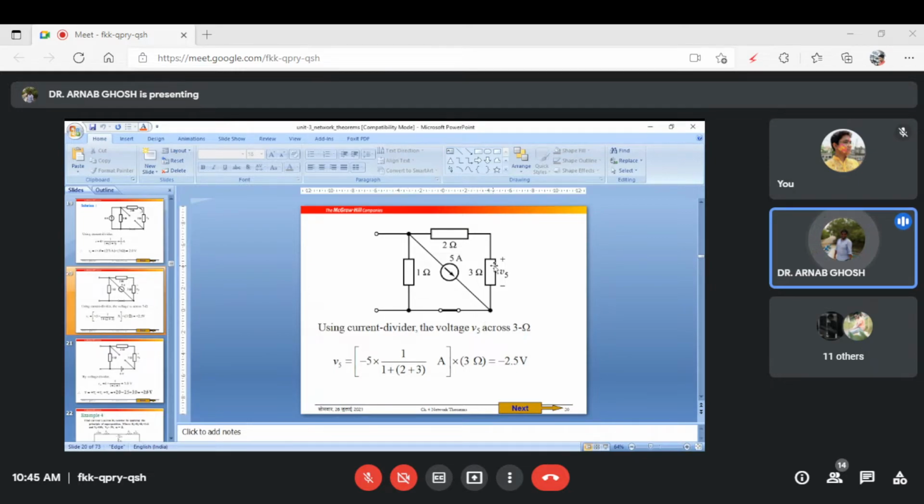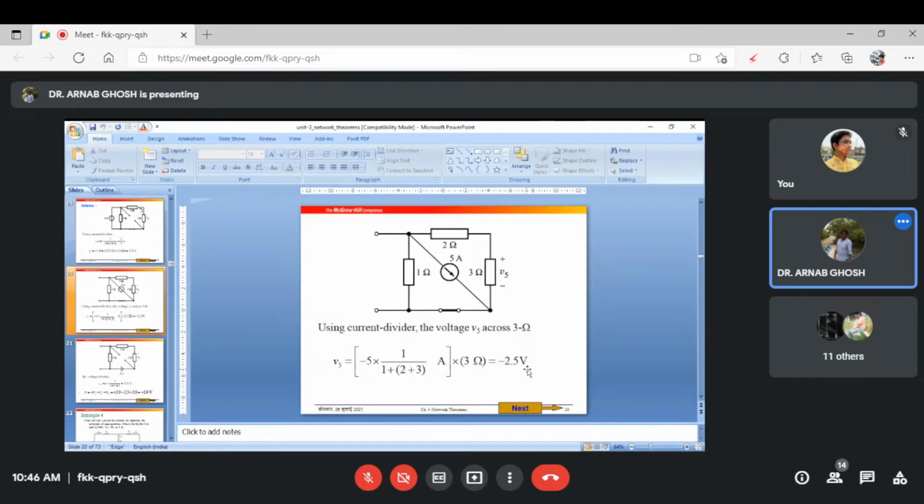Current and resistance are reciprocal to one another. Therefore this current will be 5 ampere into 1 by 1 plus 2 plus 3. From this you are getting the current across this 3 ohm and 2 ohm series branch, and you multiply with 3, you are getting minus 2.5 volt.